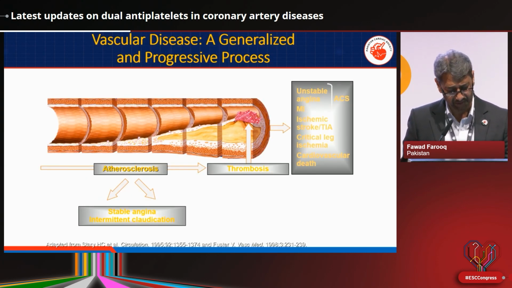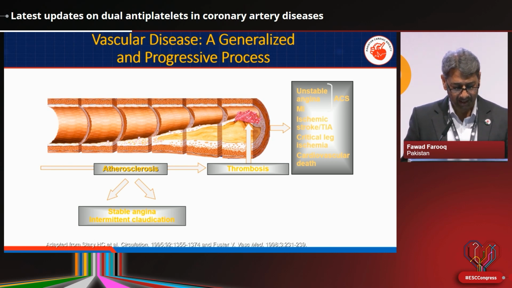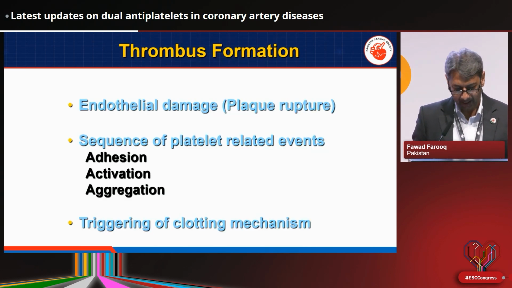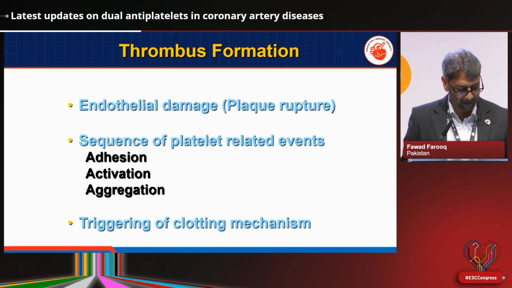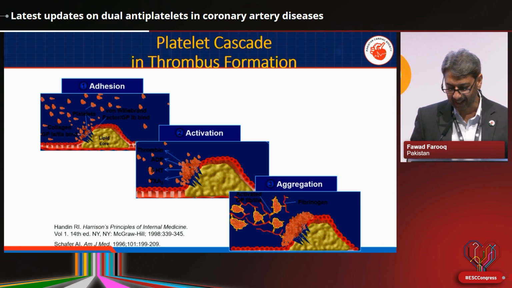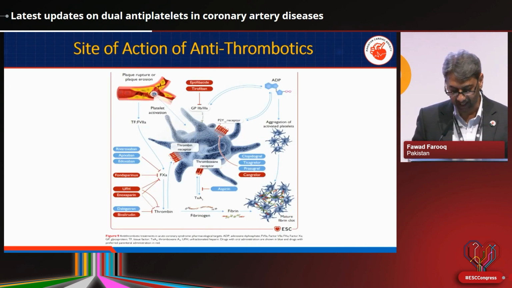We know this is the timeline, but thrombosis can happen at any stage of disease, not just at 70-80% stenosis. The phases, we all know: endothelial damage, plaque rupture, a sequence of events, platelet adhesion, activation, and ultimately aggregation, which leads to clot formation, and platelets play the major role in all those phases.